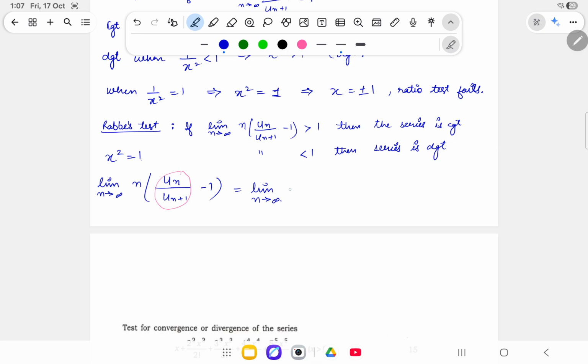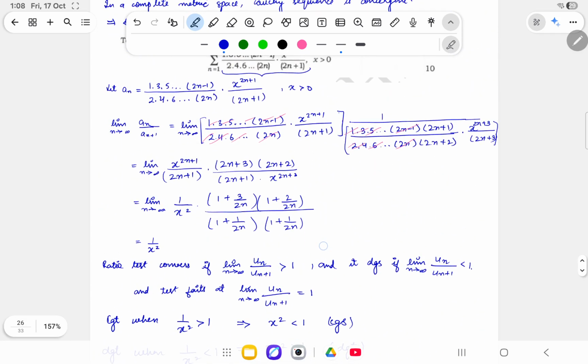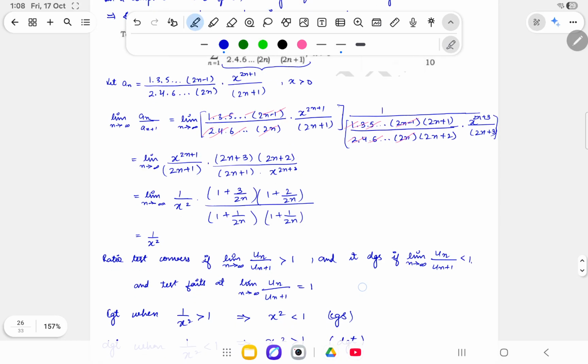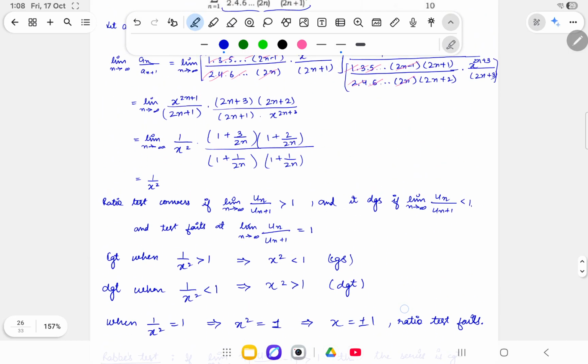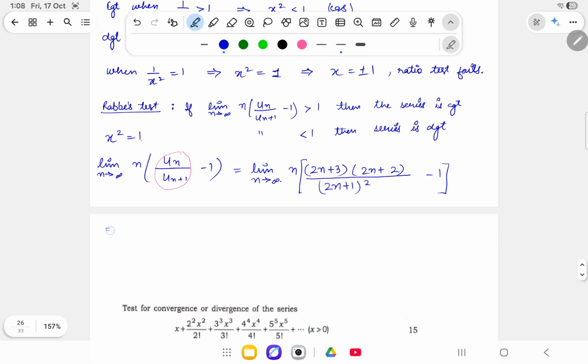We got our un by un plus 1 as 2n plus 3 times 2n plus 2 divided by 2n plus 1 whole square, minus 1.